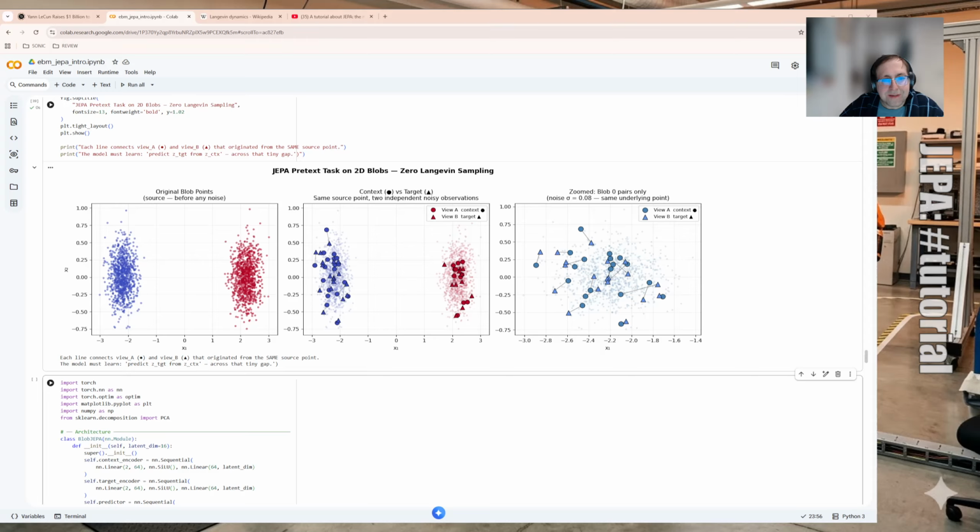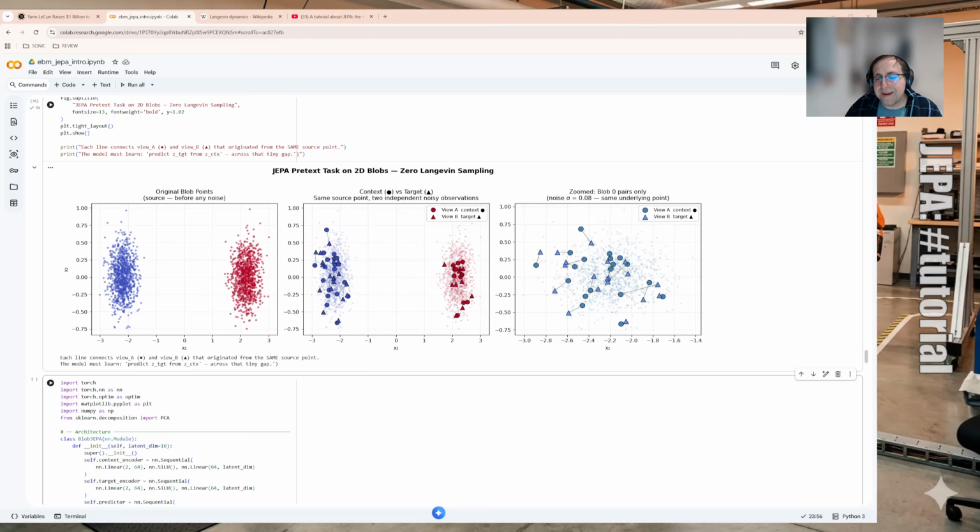I tried to make it simple to see, and some of them are too close, but essentially you have this jitter that separates the original point into two. The takeaway here is that the model must output similar embeddings for a circle and a triangle from the same blob, but different embeddings for pairs from the opposite blobs.